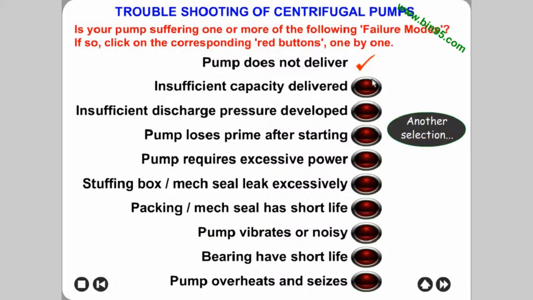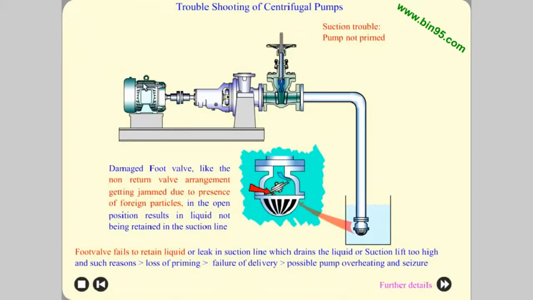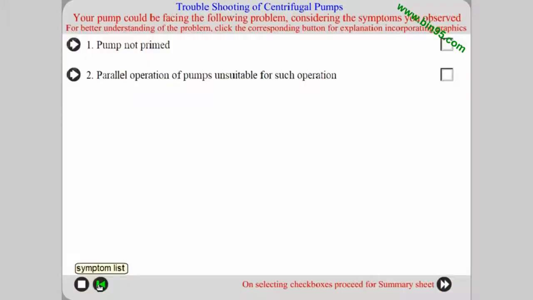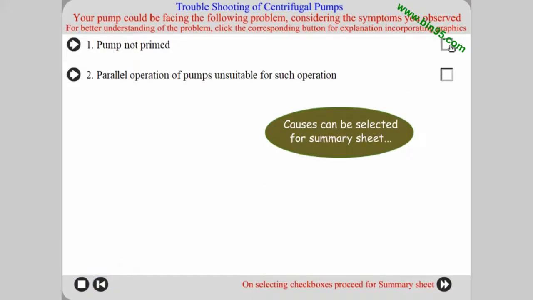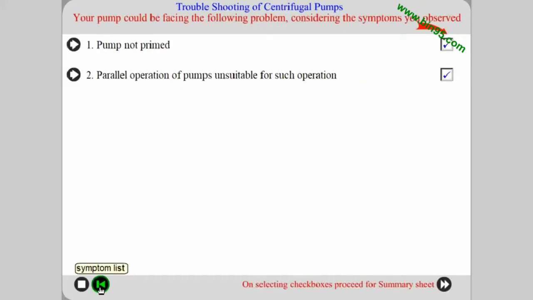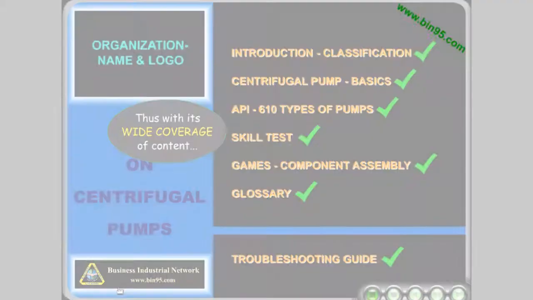Another selection. Causes can be selected for summary sheet. Back to main index.